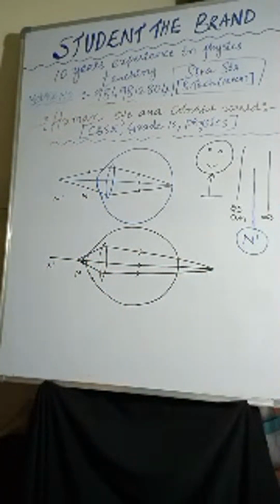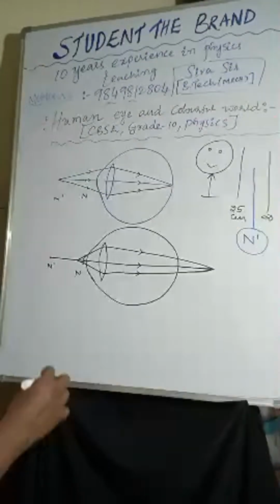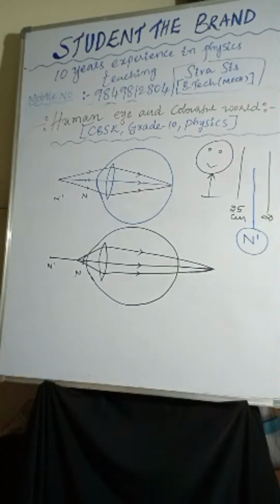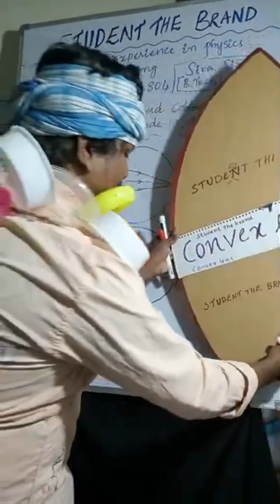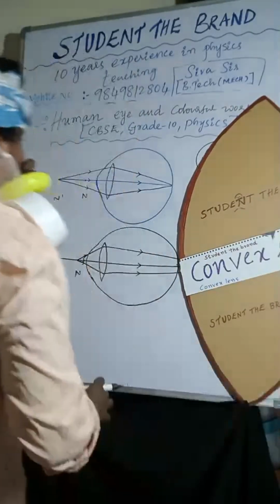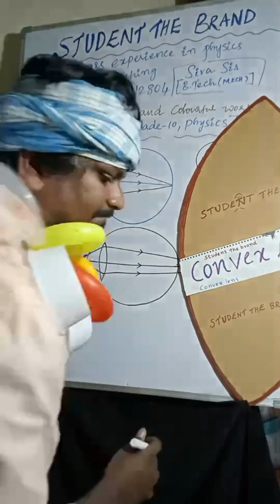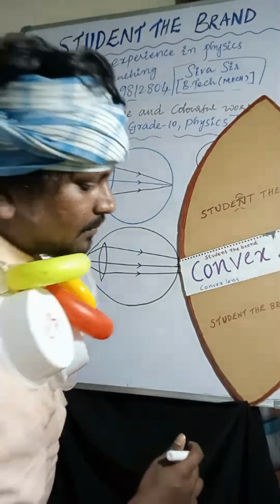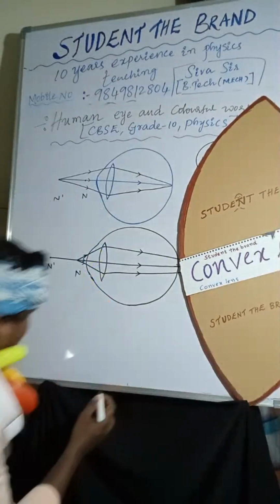So for the correction, we are using a convex lens.